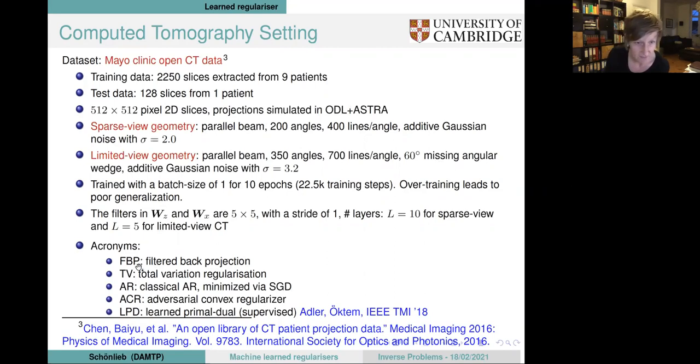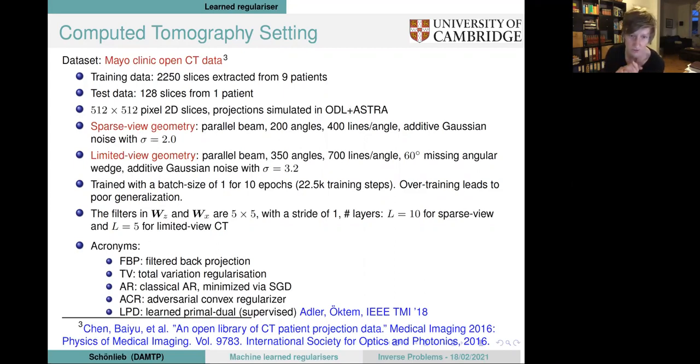The results I'm showing you are filtered back projection, total variation regularization, then the original adversarial regularizer, which is without convexity, the adversarial convex regularizer reconstructions, and then the last one is an approach that maybe some of you have seen, another deep learning approach which is not going back to a variational problem.